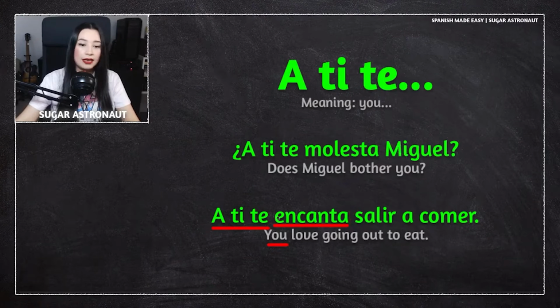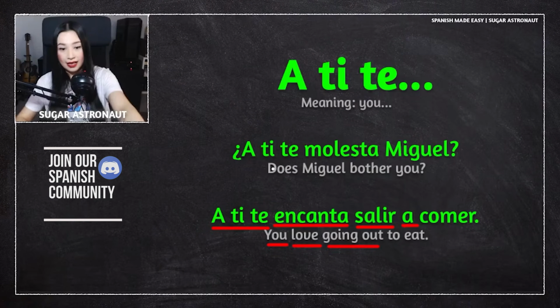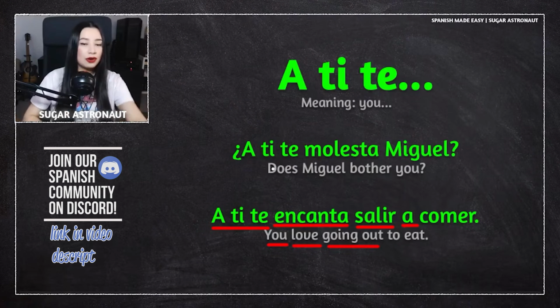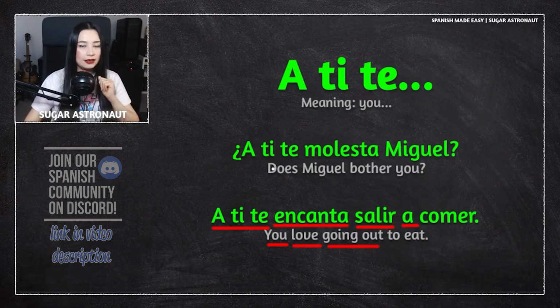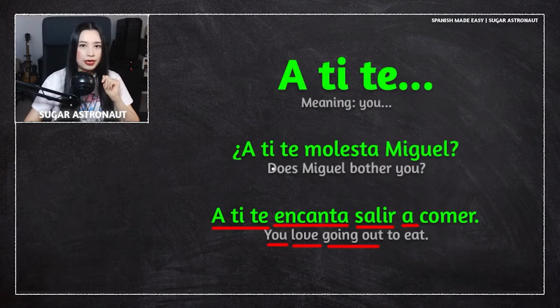Without the R, then you can use it with the phrase a ti te encanta. And then we added another verb, salir. Salir means going out, okay? Or to go out. So when I say a ti te encanta, that means you love salir, going out. And when you add the letter a, salir a, you are adding more to the phrase. Because if you say, a ti te encanta salir, that means you love going out.